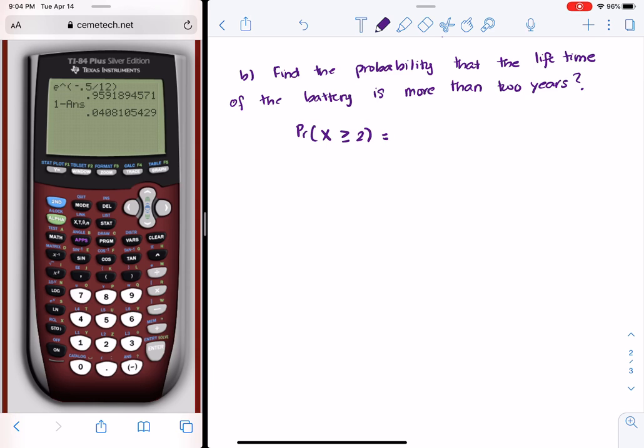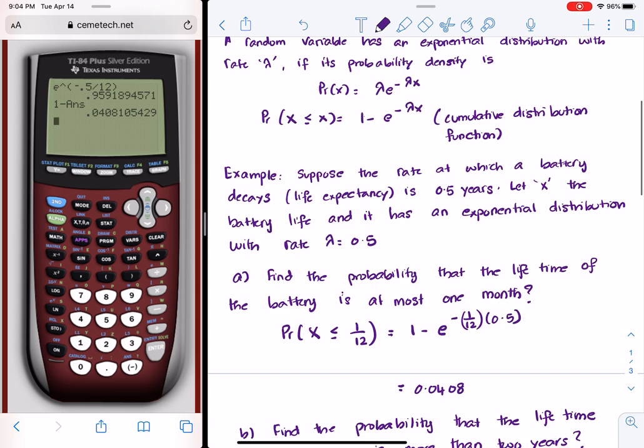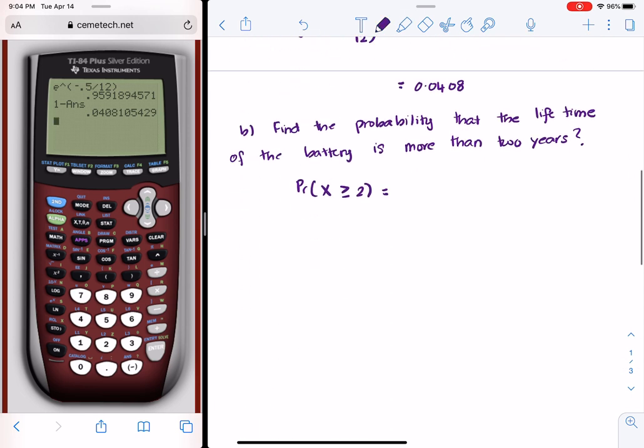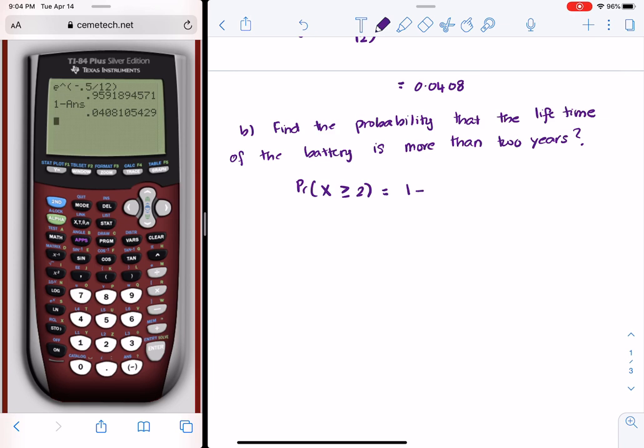In reality, the formula that we have is the probability x is less than or equal to some value x. So we have to do 1 minus the probability of x less than or equal to x, because the two terms are complements of each other.